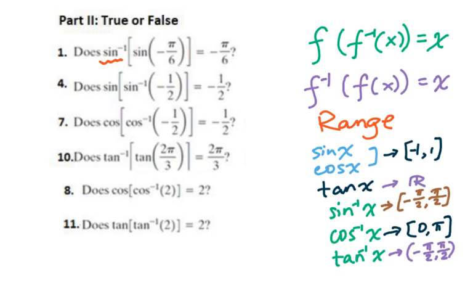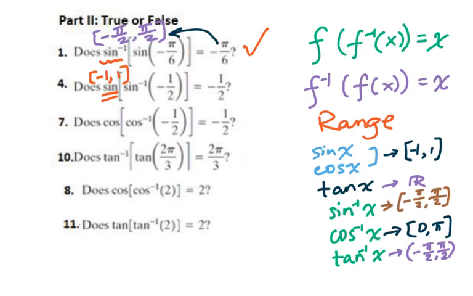So for number 1, we will write down the range for inverse sine, that's negative pi over 2 to pi over 2. We know negative pi over 6 is in this range. That's why this is true. For number 4, range for sine function, that's from negative 1 to 1.